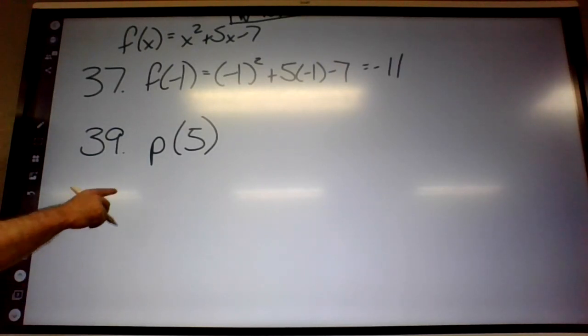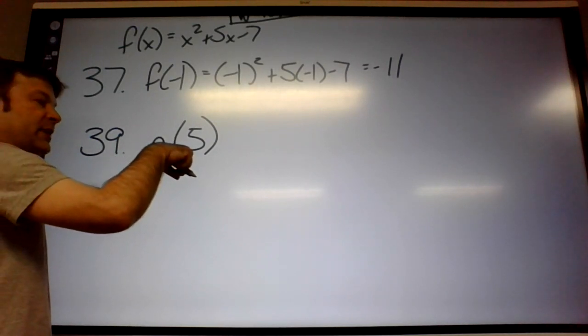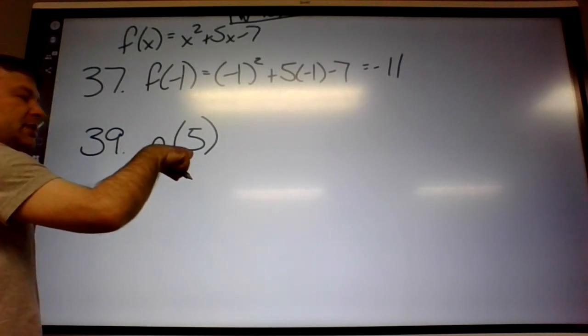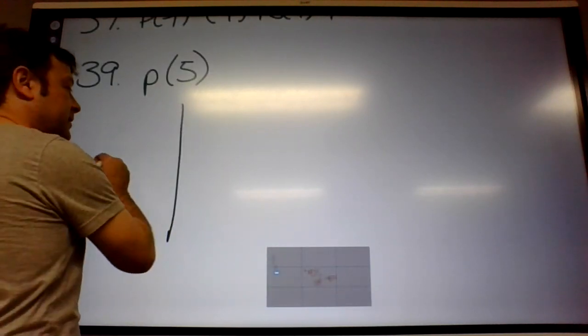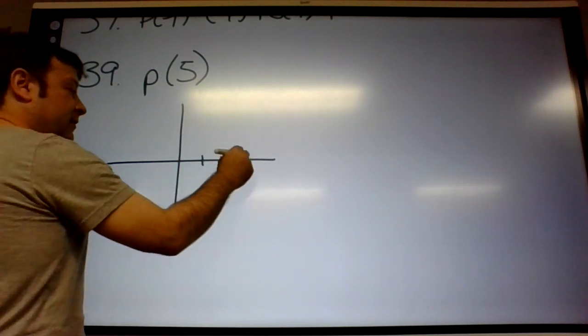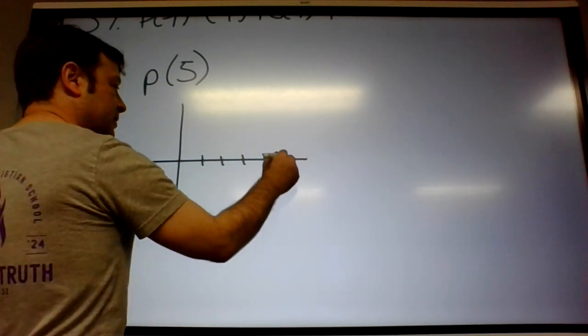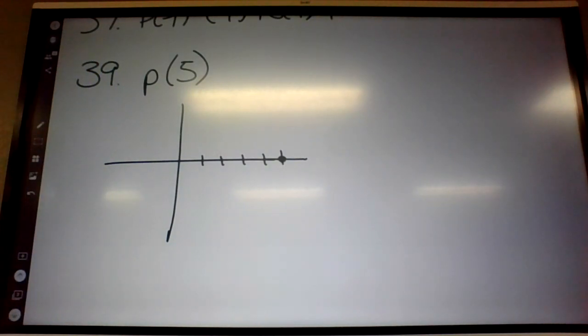Okay, this means what's the function value when you put 5 in for x? On the graph, the function value is like the y value. So if you go over to 5 on the graph, what's the value of the function at x equals 5?